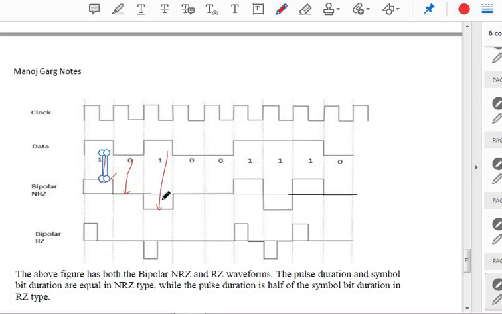Alternate mark inversion: the first is represented by positive, the next by negative, again the next by positive, the next by negative, and the next by positive. But 0 is always represented by 0 voltage. So there are 3 voltage levels here: positive, negative and 0.